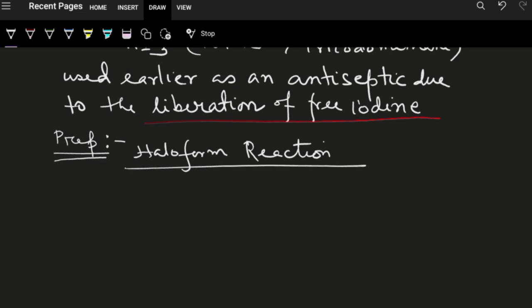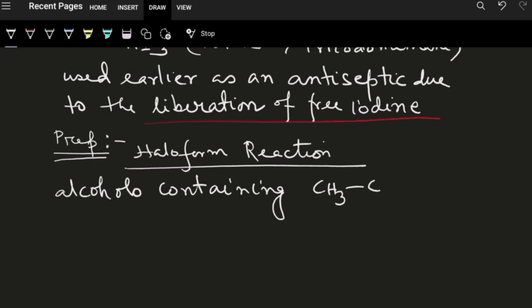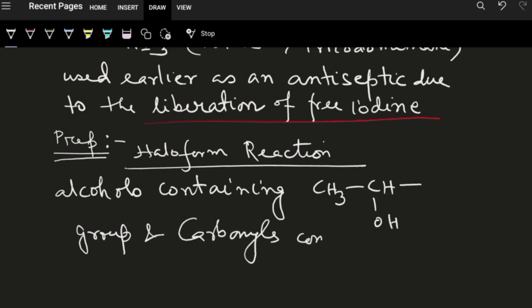How? Let us see. Not all alcohols, but alcohols containing the CH3CHOH group, and carbonyl compounds containing the CH3CO group, that is, CH3C double bonded O group.